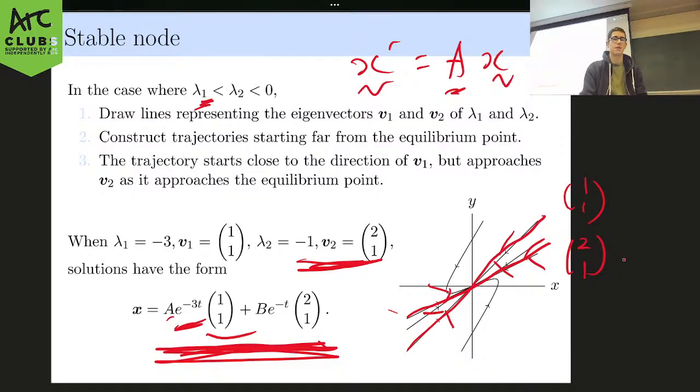So what you can say, for instance, is that as t gets arbitrarily large, this term becomes smaller much, much faster than this term. So this one would have a stronger effect, as in it will be more present as time gets larger. And you can see how that is, where this example trajectory flows in this direction.